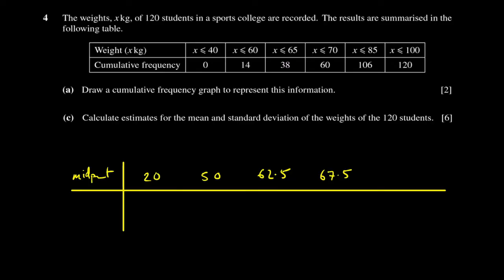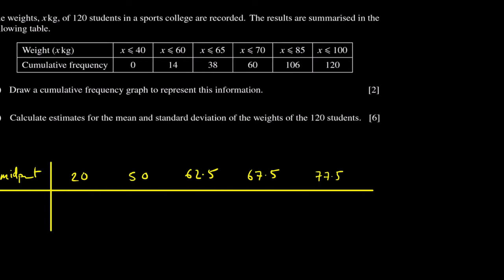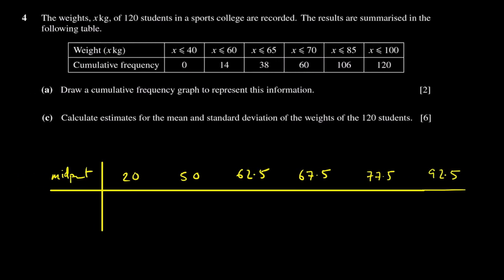So 70 plus 85, and then divide through by 2 is 77.5. And then 85 and 100, so 85 plus 100, and then divide by 2 is 92.5, right? So I've got these as my midpoints.